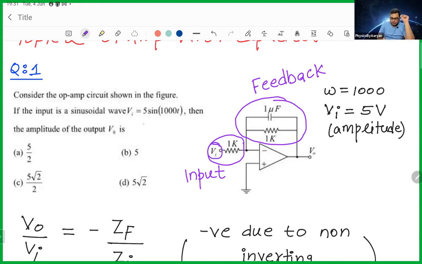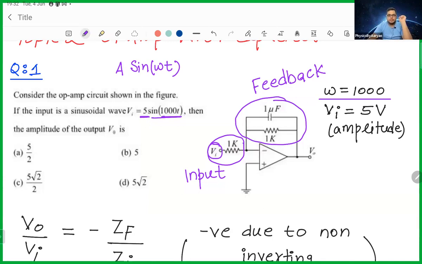And this is given by 5 sin 1000t. Basically, it is changing with time. So omega is 1000, because usually it is written as sin omega t, and whatever is outside is the amplitude. So the amplitude is 5, omega is 1000.